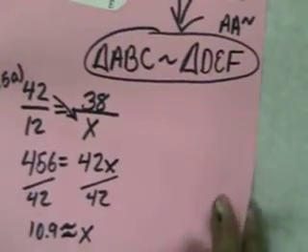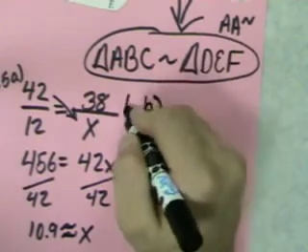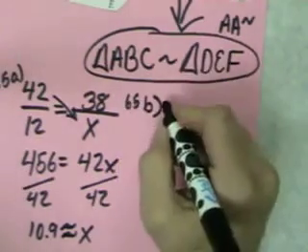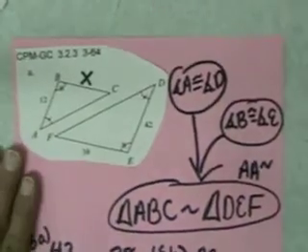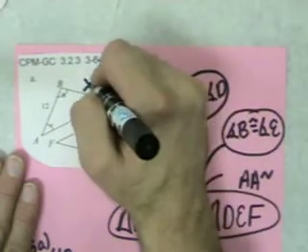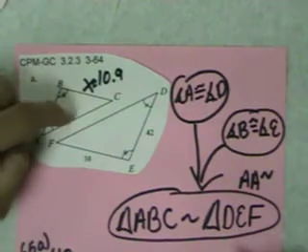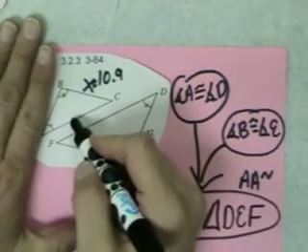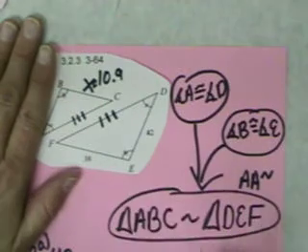Oh, they also ask us in part B of 65 to find AC. I want you to look here, because we now know that this is about 10.9. They want us to find AC. AC corresponds with DF.